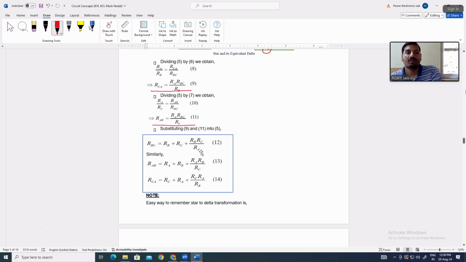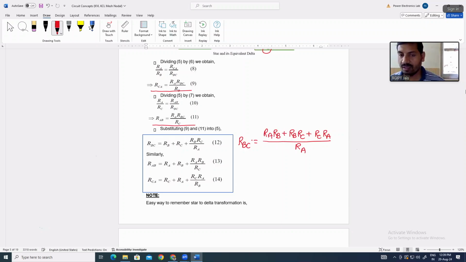Okay, so you can also write the value of RBC is equal to RARB plus RBRC plus RCRA divided by RA.